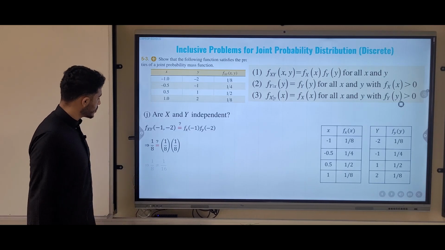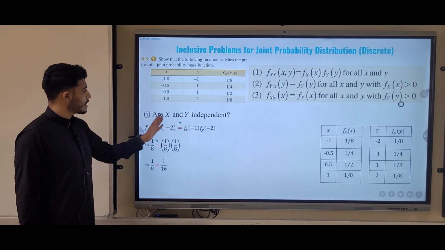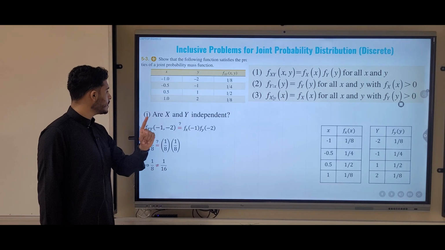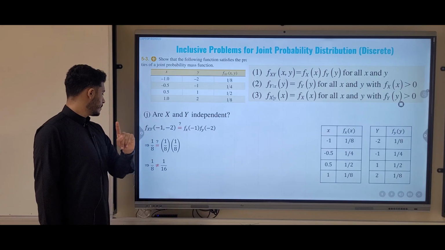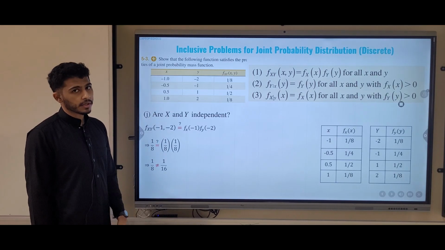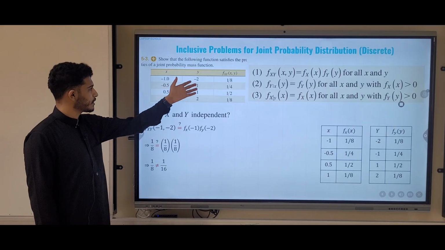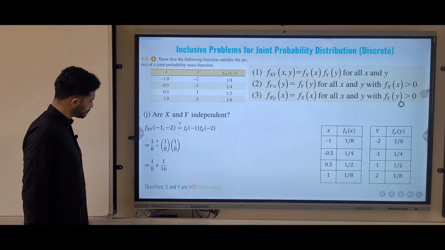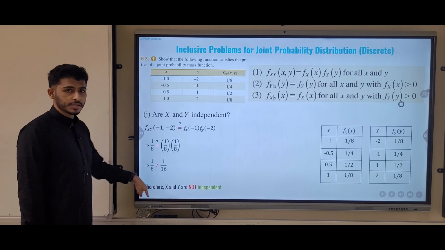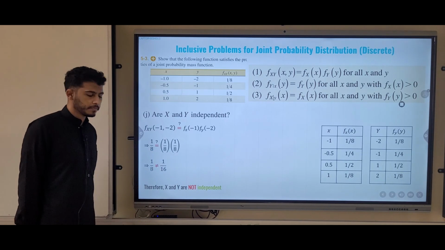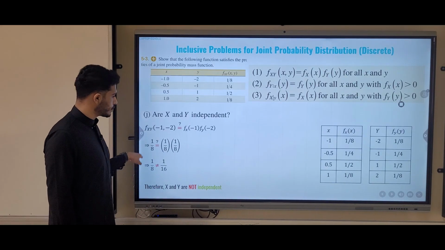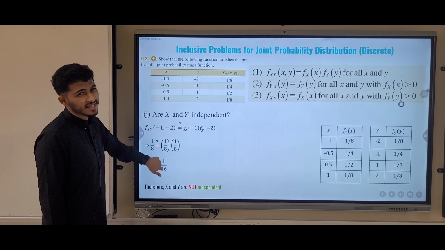So in this case, we know that X and Y are not independent because for at least one X and Y, this statement did not hold true. Okay, you can choose either one of these if you feel they are simpler or easier, but I chose the first one. So write this in your exam. If you don't write it, maybe you would not get the mark for it, obviously. If you just do this, you're not gonna get the mark. At least that's what I think.